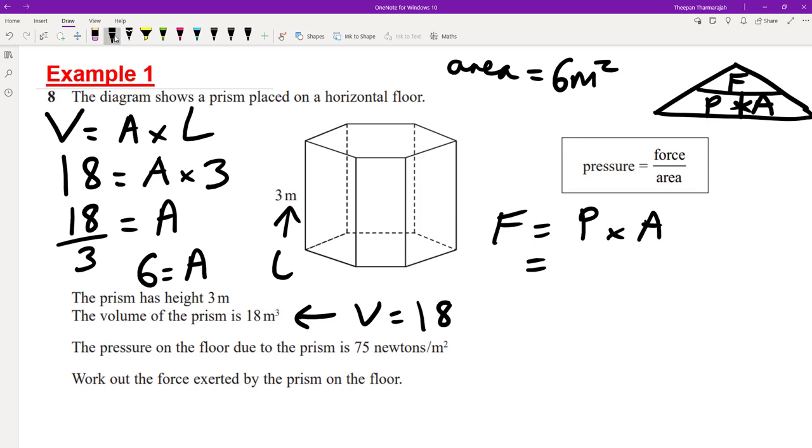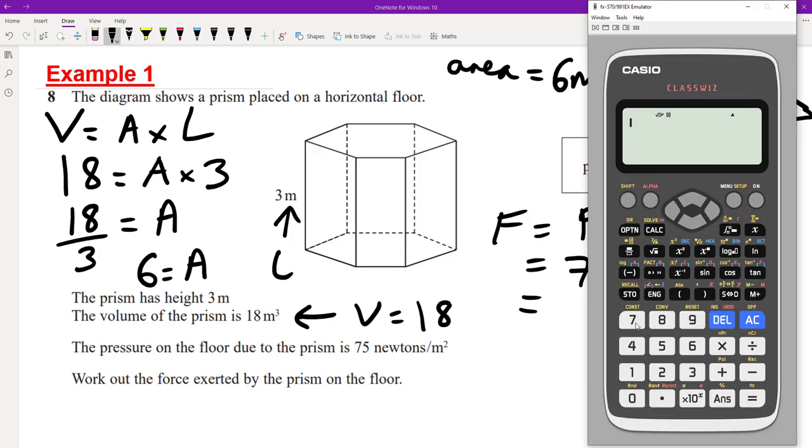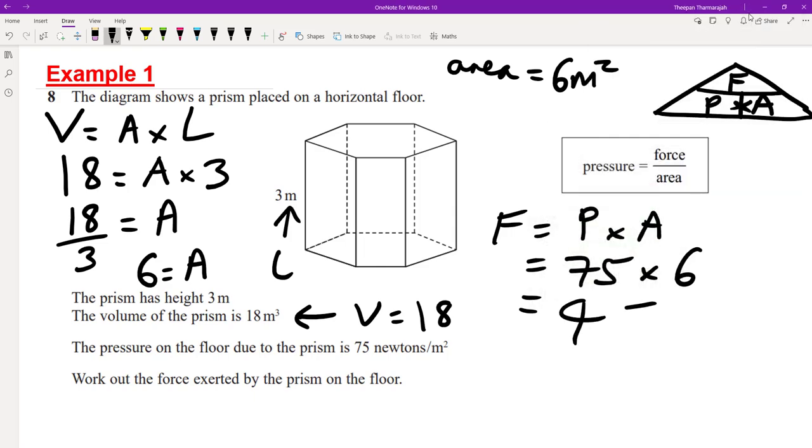So in our case, we know what the pressure is, 75, and we know what the area is, which is 6. We can multiply them together. So we get 75 times 6, which is 450. So I should get 450 newtons.